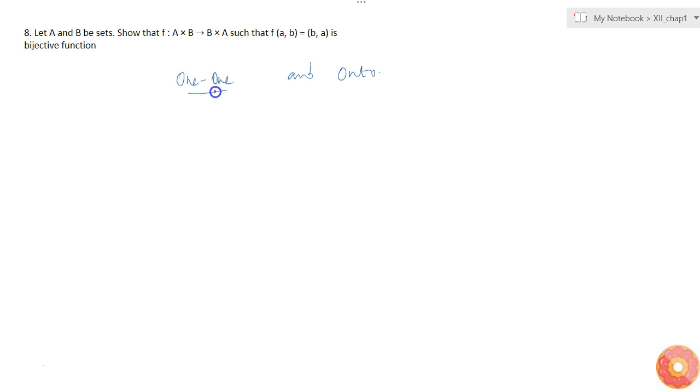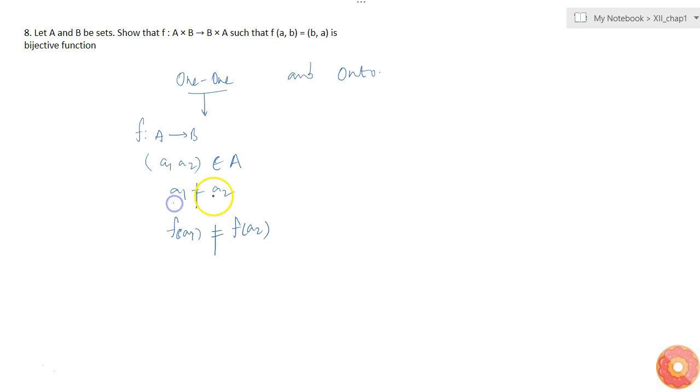So first let's understand what a one-one function is. Let's say f maps from A to B. Then for any two elements a1, a2 which belong to A, if a1 is not equal to a2, then their images, which are given by f of a1 and f of a2, should not be the same.